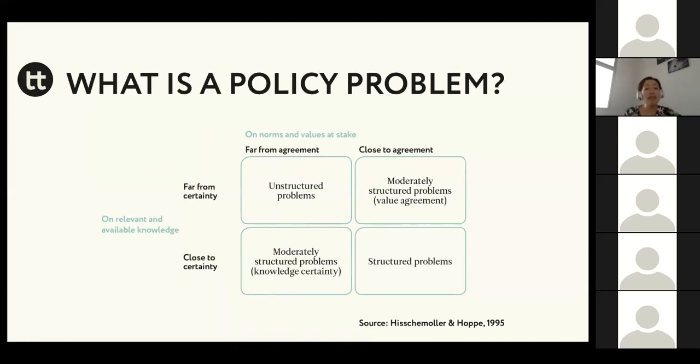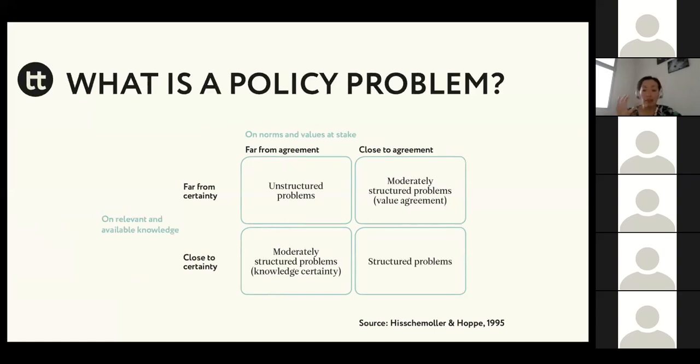So based on these two categories, on the availability and the existence of knowledge, and where we stand in terms of the norms and values around those problems, the author suggests these four categories of problems.